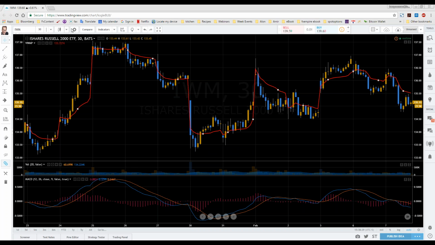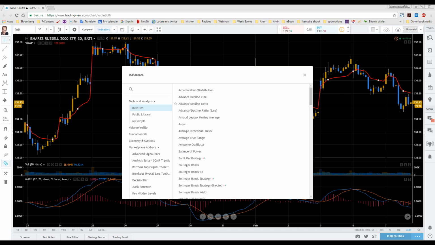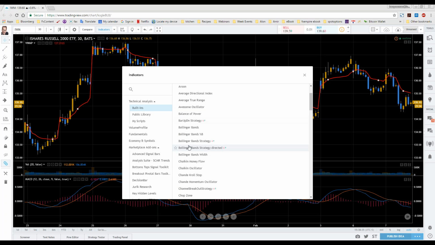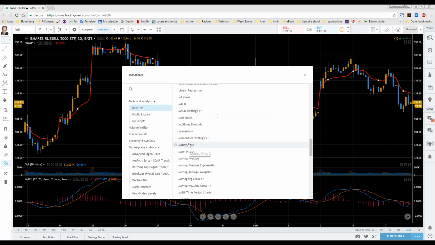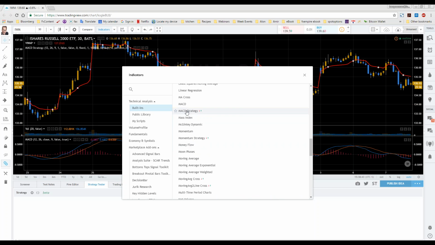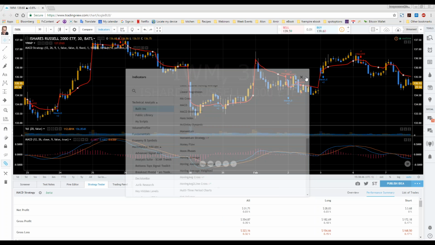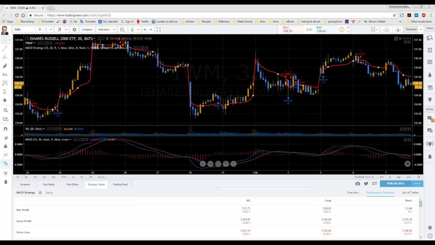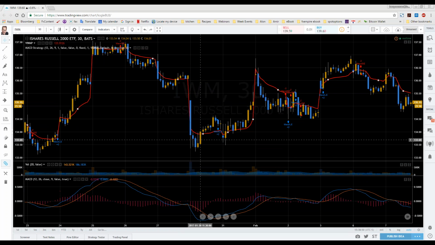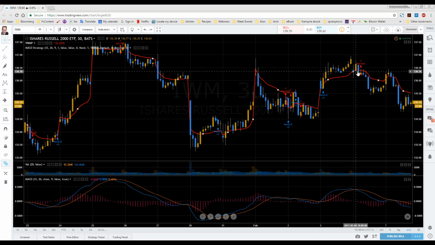Now, one easier way to use all this is if you're using TradingView charts or you're using some of the standard strategies. We're going to go back down here to MACD, and we're going to click on here, MACD strategy. And all it's doing for us is putting on the charts buy and sell signals, you can see the little arrows here, based on the crossovers on the MACD, so you don't have to sit here and look for them.